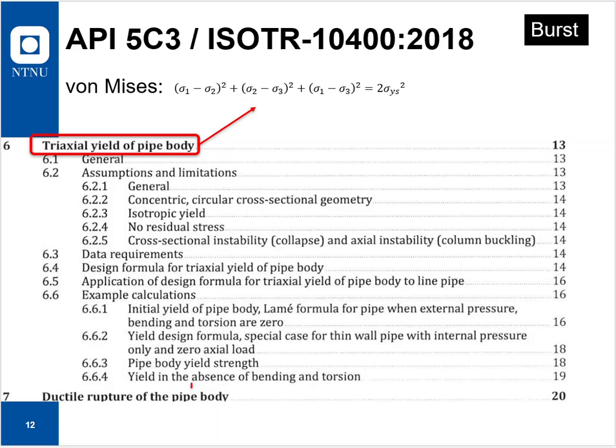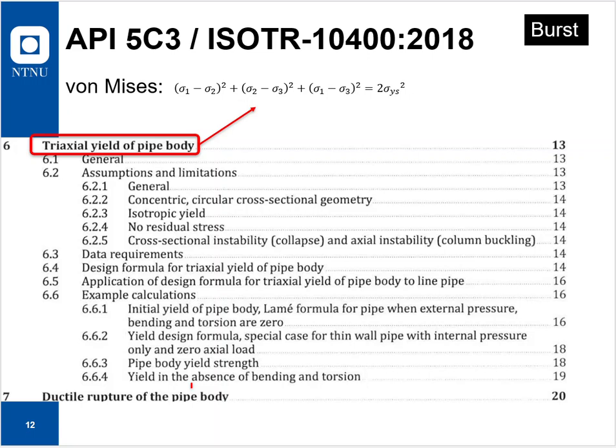Let's talk about burst and the burst section. Triaxial yield of pipe body. That's burst as it is listed in the standard now. They have completely taken out the Barlow formula that you'll find in the software in the industry.